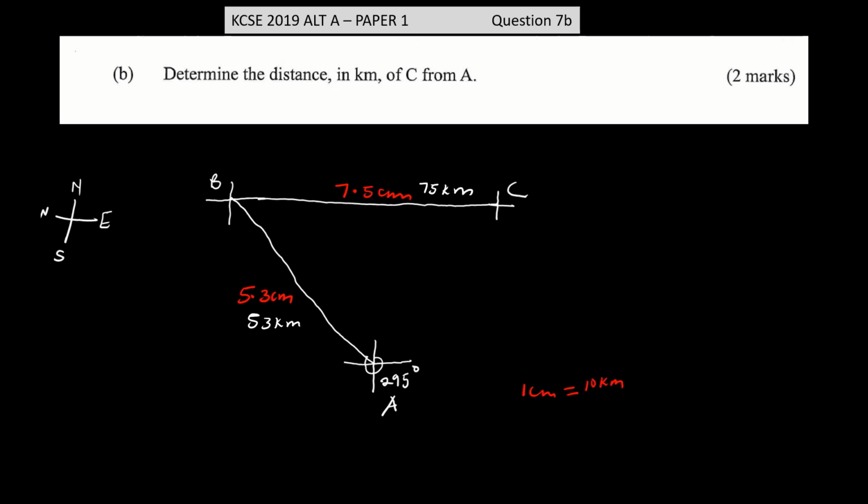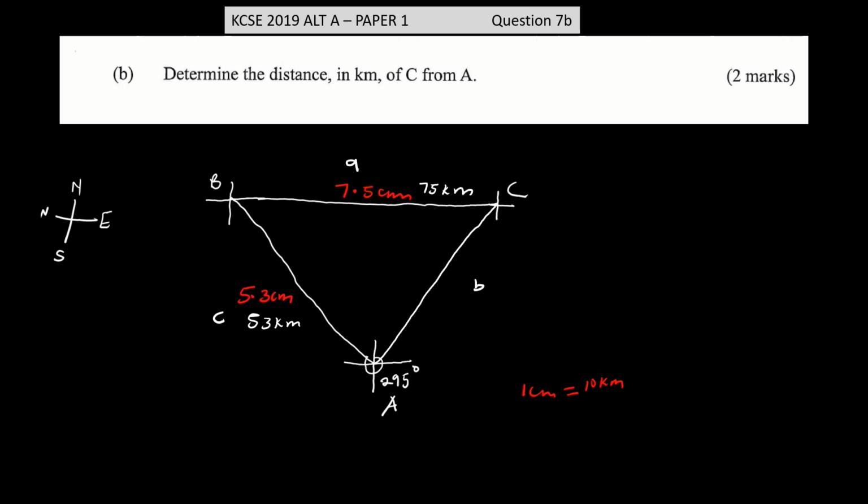And here we are looking for distance AC, which is this distance. This is what you're looking for, distance AC. So we can make this part to be A. Let's call this side C, and let's call this side B. Now we are looking for side B.